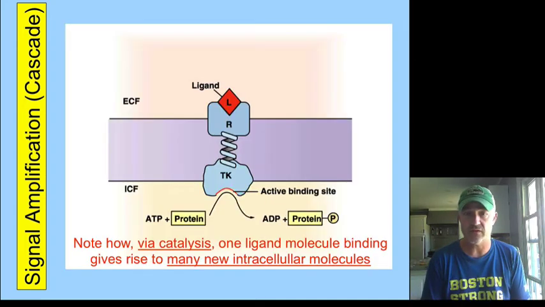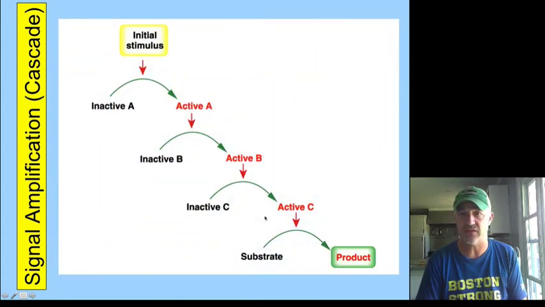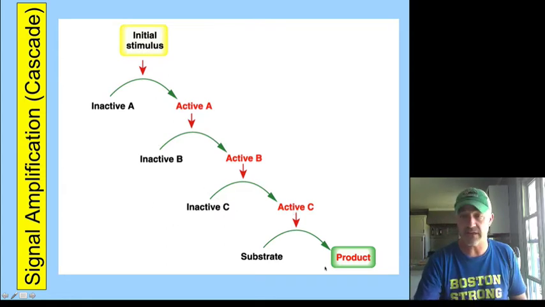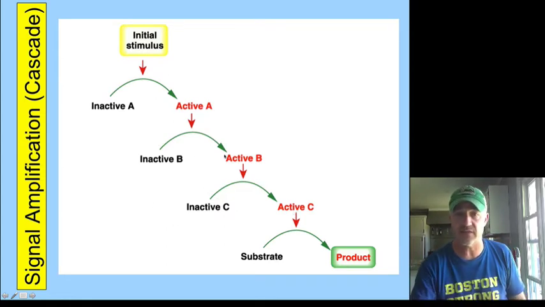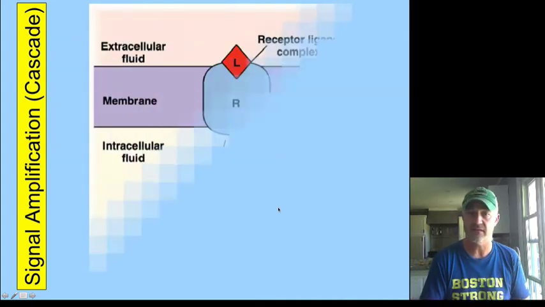So again, this is showing you how the ligand here catalyzed one change here. That wouldn't be much of an amplification. But a lot of times we're going to have these multi-step pathways where the initial stimulus might activate one thing, which activates the next one, which activates the next one, till we get to the actual response. And a lot of times at each of these steps, there may be an amplification of that signal.